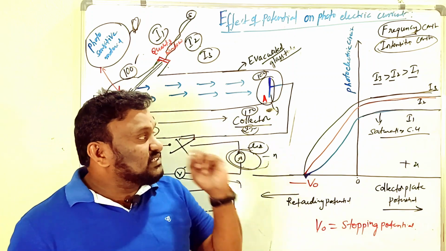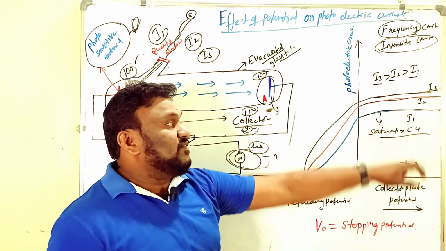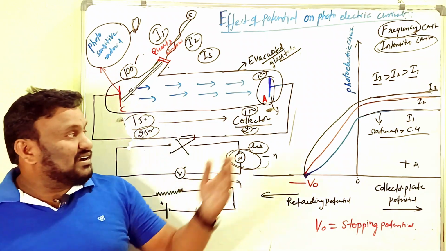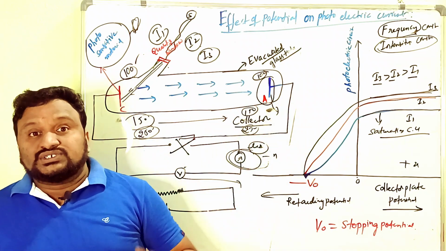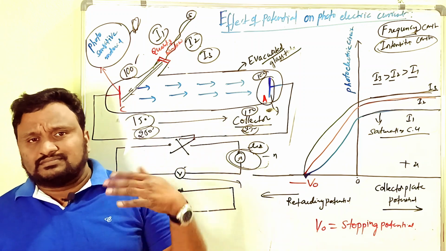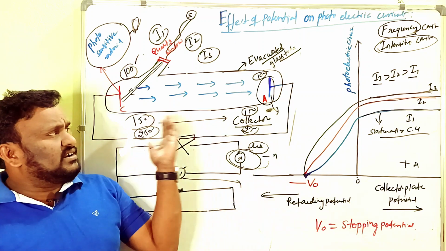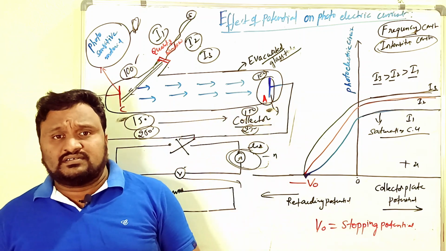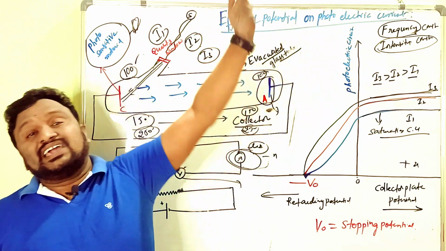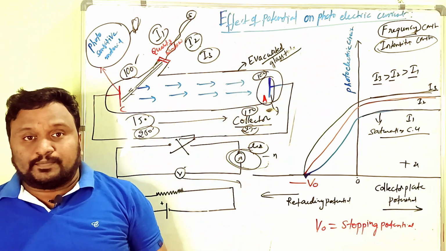To understand that, as I told you first, for intensity I1, 100 electrons are released and all reach the collector. After that, the light is continuously falling on it, but no additional electrons are liberated and they do not reach the collector. When we change I1 to I2, then again more electrons are released. Clear?